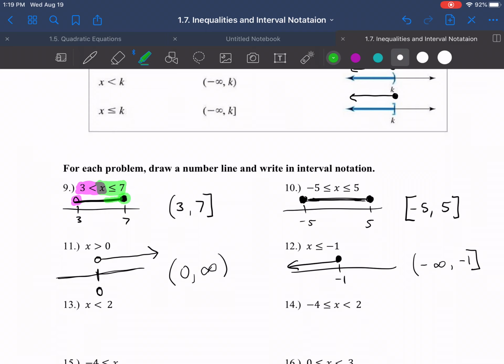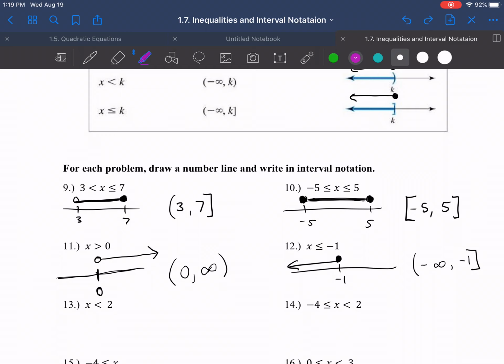We know it has to be less than or equal to 7, and it has to be greater than 3, just like that. So this is what we end up getting filled out right there, okay? So hopefully that makes sense to you. And then try the interval notation, which is drawn right here. We have a parentheses around the 3 because the 3 is not inclusive, and we have a bracket around the 7 because it's inclusive.